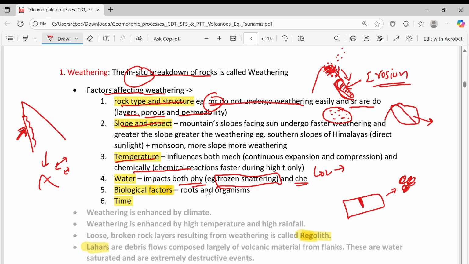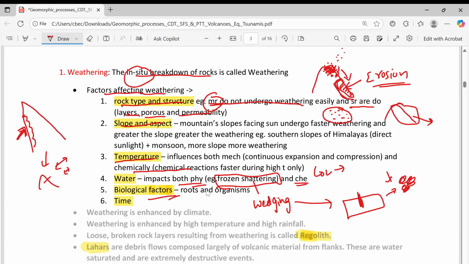It will expand and make cracks. We also call this frost wedging. Wedging means first you make one small crack, and then shattering will happen.